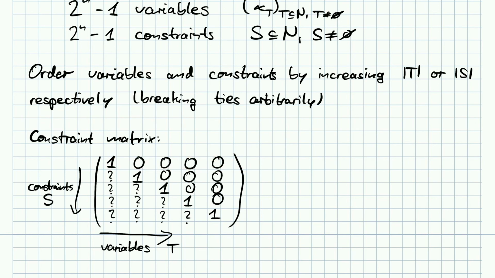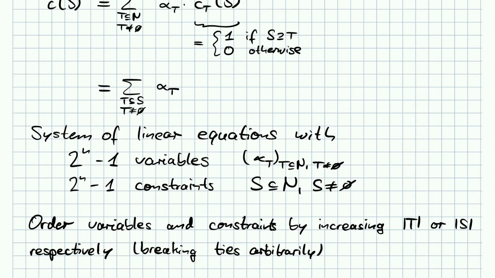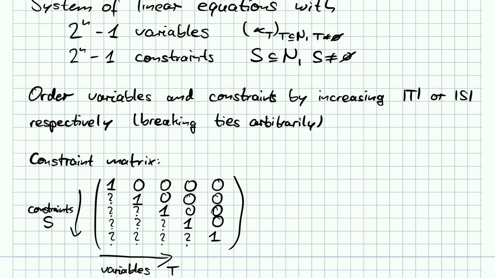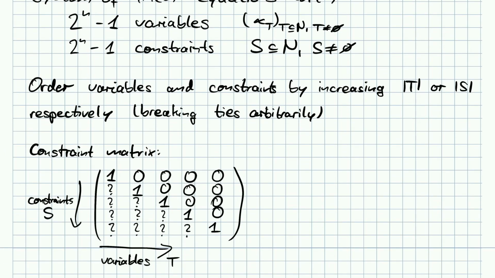This is about the set S that contains only one element. And for that we see, okay, here in this sum we'll see exactly one variable, namely the variable that corresponds to that set S, which contains only one element, and this means that in our constraint matrix we'll have exactly 1, 1 here.